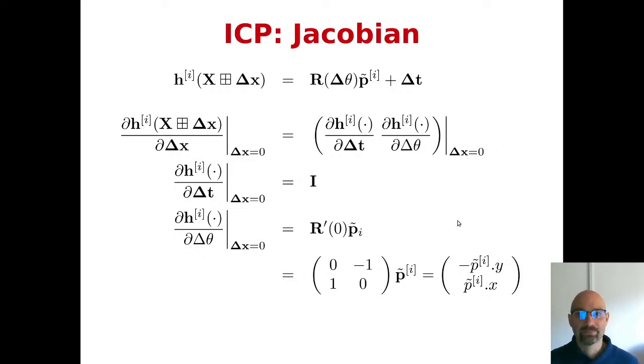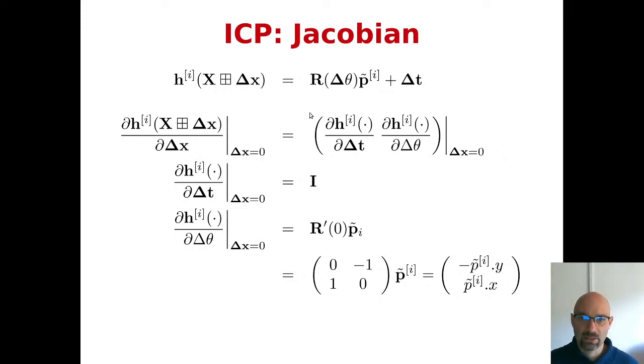So, let's proceed. The derivative of this object will be an object which is tall 2, because h is tall 2, and it's as wide as the perturbation, and the perturbation is delta x, which has dimension 3.